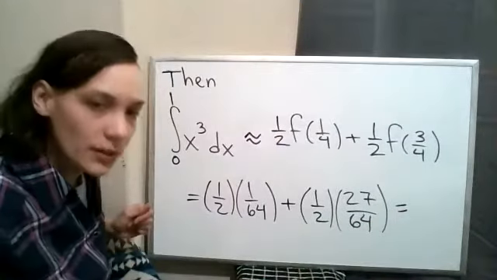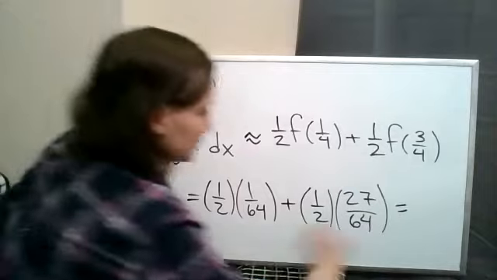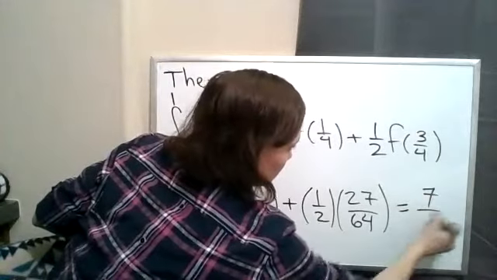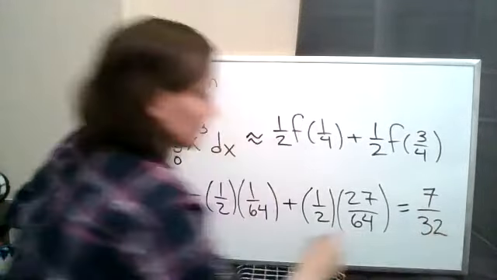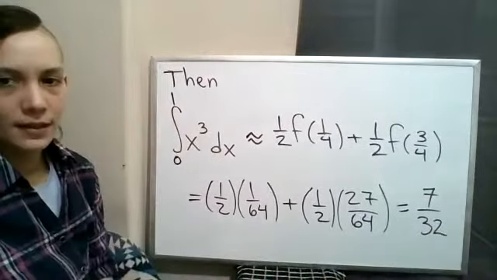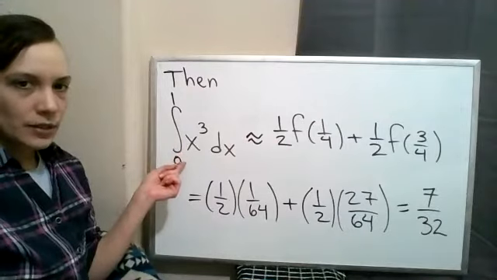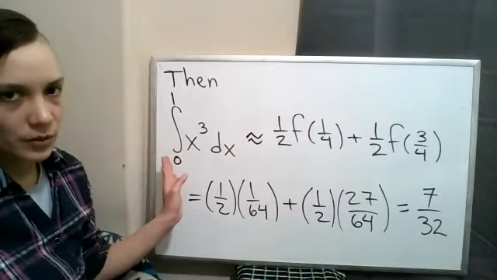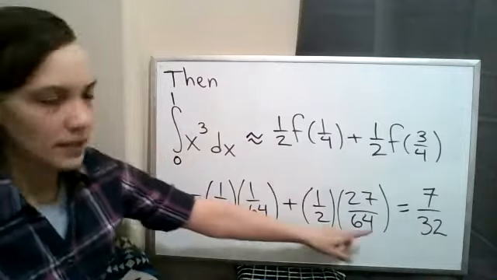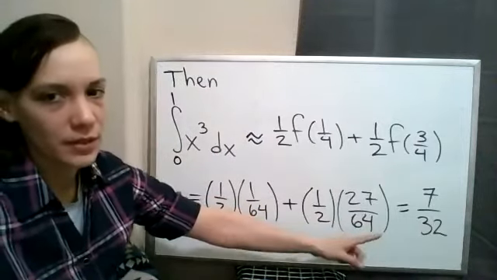I got 7/32. So this is actually an integral that we could do, and you could evaluate this integral with what we've learned so far, compare it to that number, and see how close those numbers are.